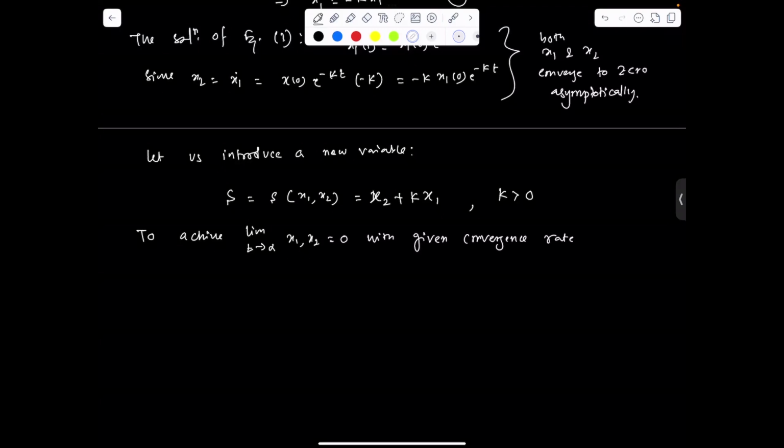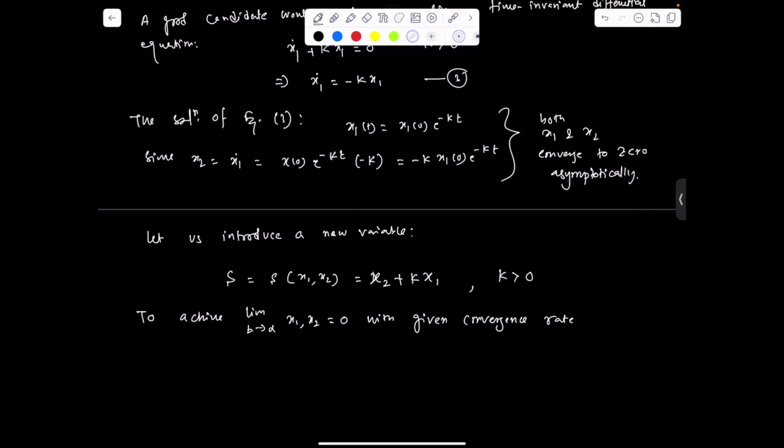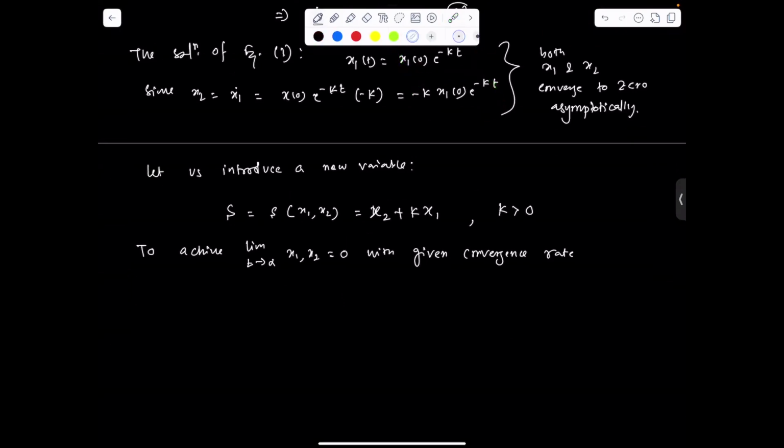This is our convergence rate for x1 and x2, which we can write in brackets as e to the minus kt, in the presence of bounded disturbance f.